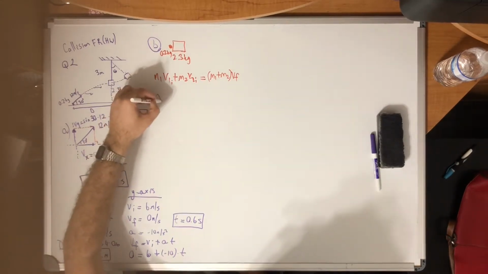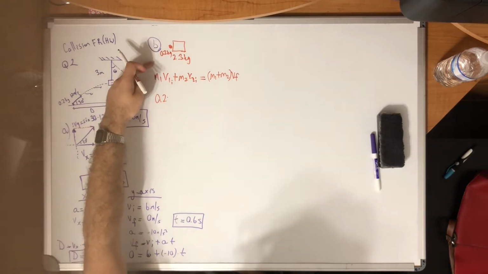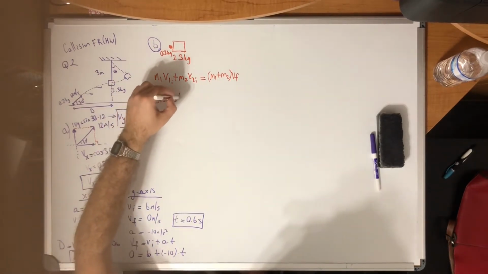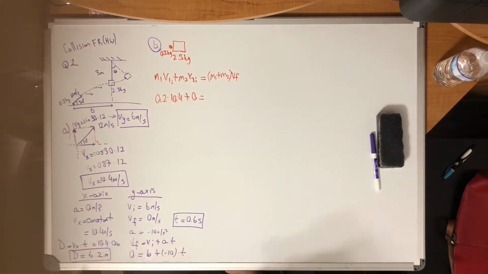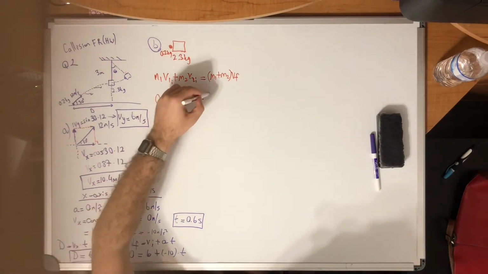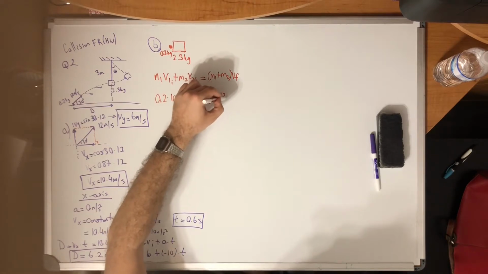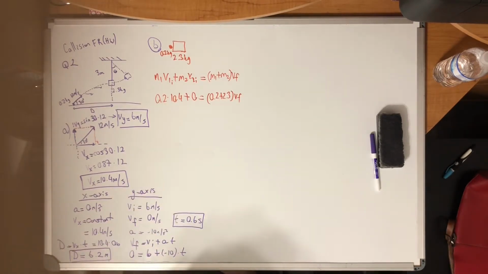So then 0.2 times, this is the mass of my clay, and speed of this guy is 10.4, plus 0 momentum for the object that is suspended because it's not moving, and that equals 0.2 plus 2.3 times V final.